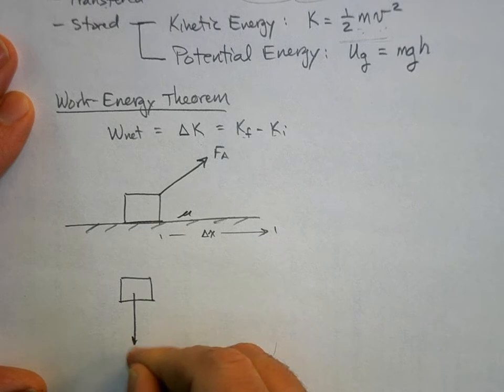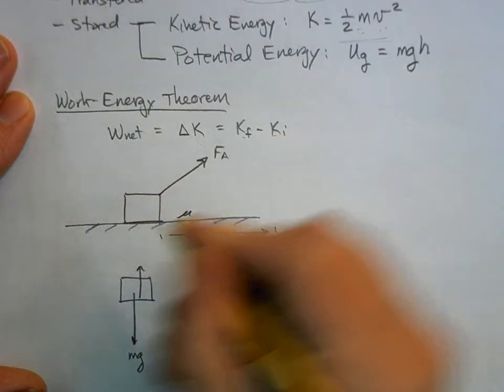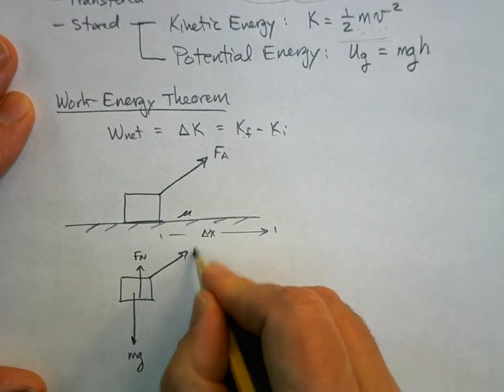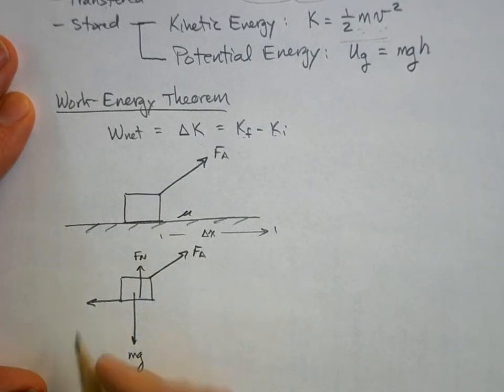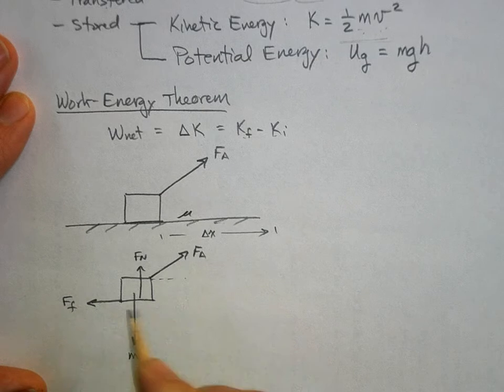I've got gravity, and I've got a normal force. And I've got this applied force, and I've got friction. And the applied force is at an angle theta.